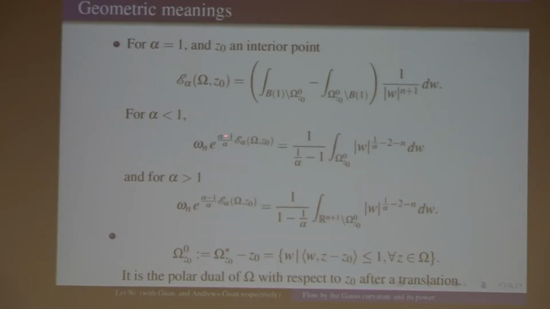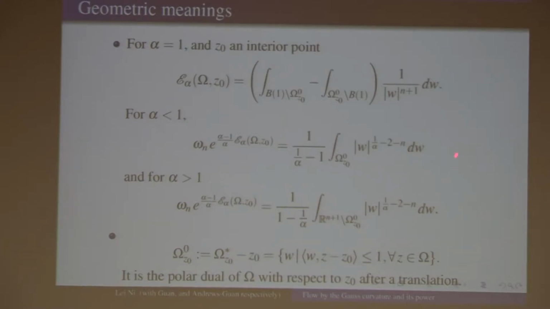And for other ones, you could do a similar thing. There are some geometrical ways to understand what the entropy is. It's some singular integral, a weighted volume of the dual. It's kind of like the F functional of mean curvature, which is weighted by exponential functions, Gaussians.